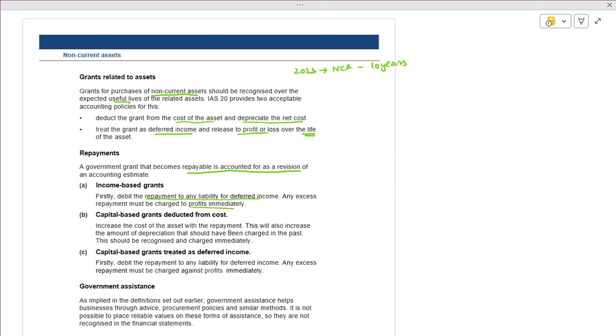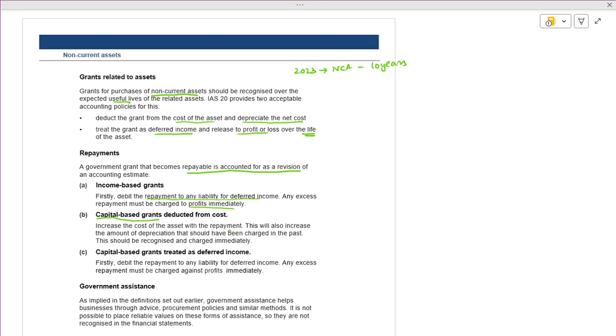When it is related to income-based grants, what is the repayment? For capital-based grants deducted from the cost, the repayment increases the cost of the asset. Definitely, when we repay, the cost of the asset will increase, whereas when we receive the grant, the cost of the asset decreases.